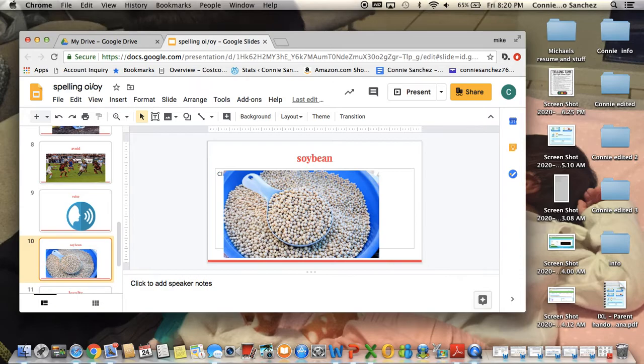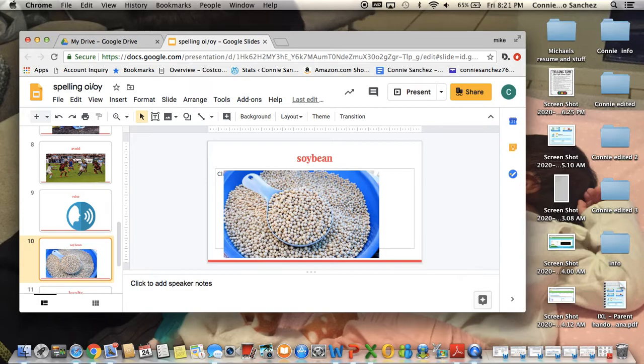But then again, this word could also be what we were talking about before, where we add two words together, because soy can be a standalone word. If I hadn't added the bean, then it would follow the rule of the OY being at the end.